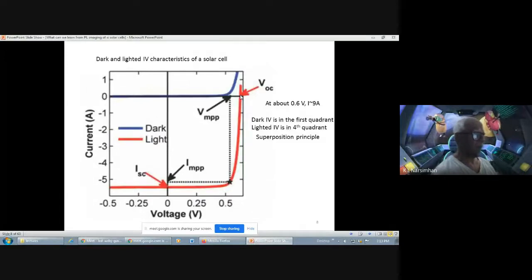So the open circuit voltage and the short circuit current are two important parameters of the lighted IV of a solar cell. Okay. And this voltage for a single cell is of the order of 0.6; for very high efficiency cells, it will be about 0.75. And for ordinary cells which are commercial, it's about 0.63 volts or so.